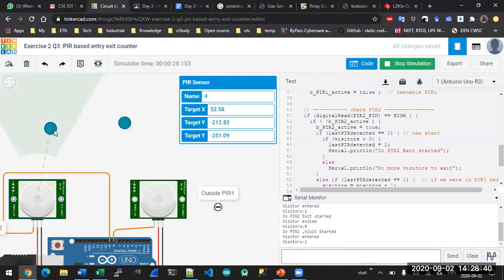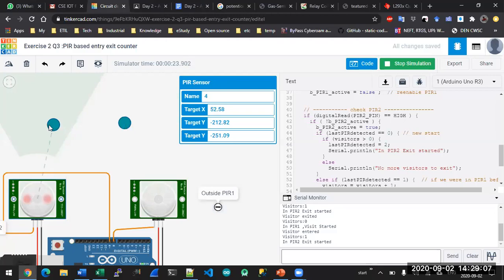In a similar way, if a person starts from the inside sensor, moving from left to right, and then maybe stops for something and does not cross the outside sensor, at that time no action will be taken.